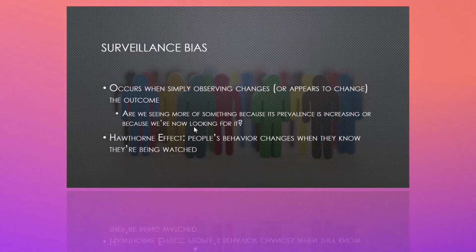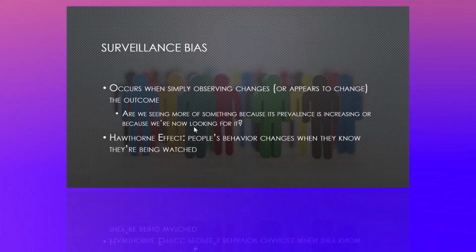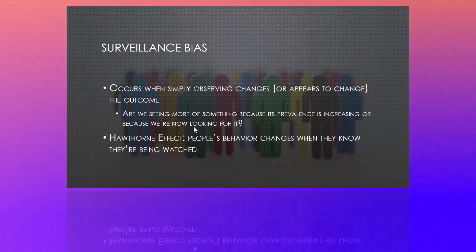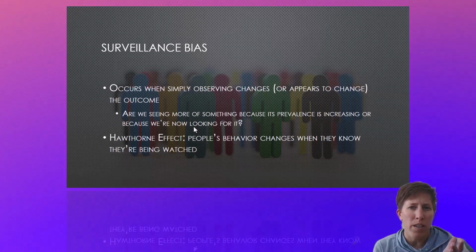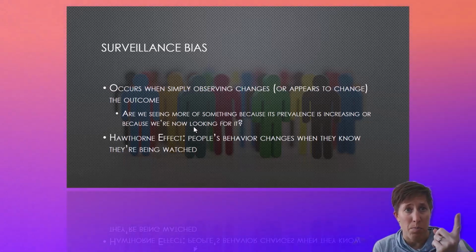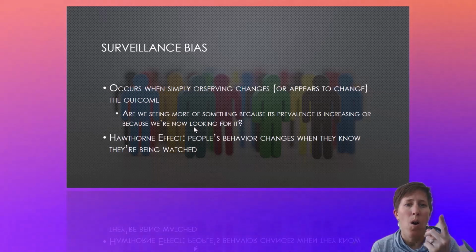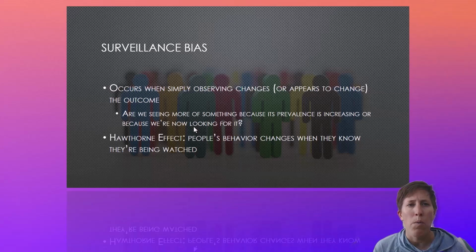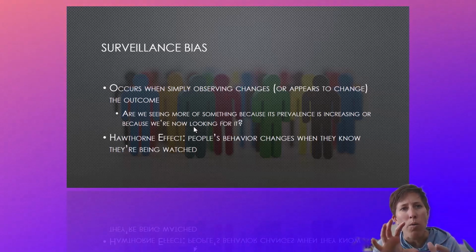Surveillance bias occurs when simply just observing seems to change the outcome. Are we seeing more of something because its prevalence is increasing? Or is it because now we're actually looking for it? When we're talking psychological studies, people's behaviors changing when they know they're being watched.